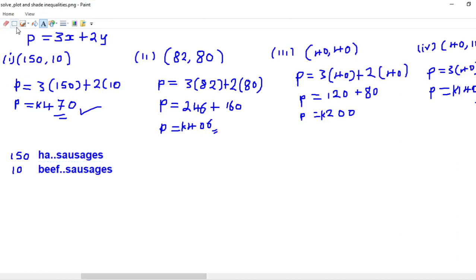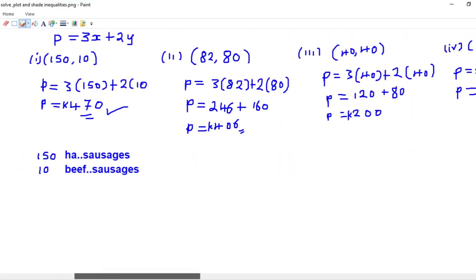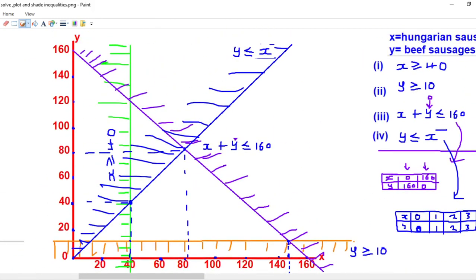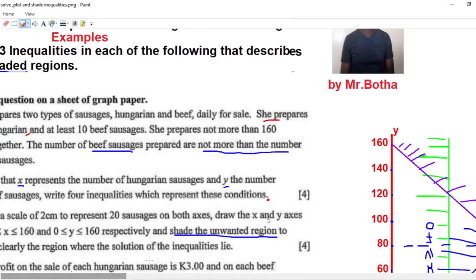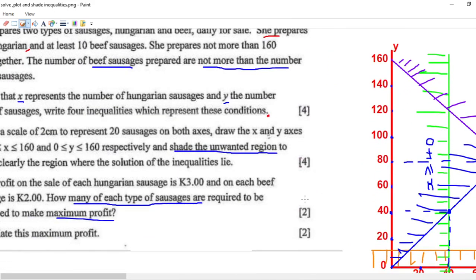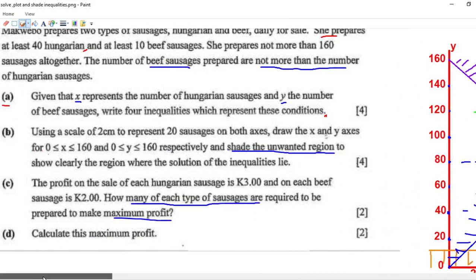Okay, so let's just check what question this is that we are answering. Should be on top. Right, so it's just right here. So to have the maximum profit, we need to have 150 Hungarian sausages.